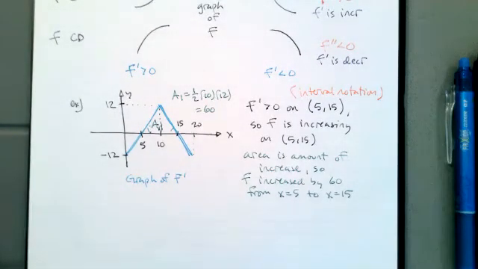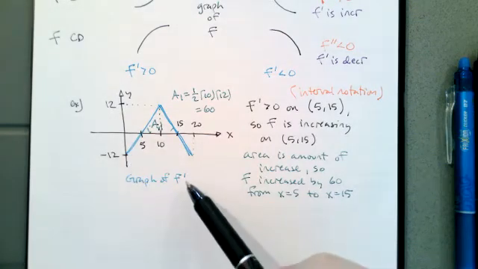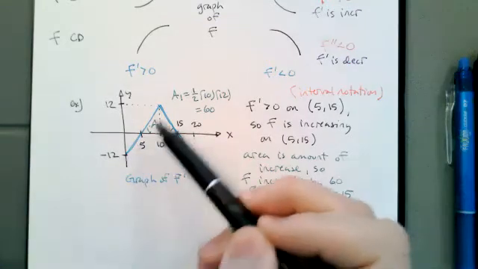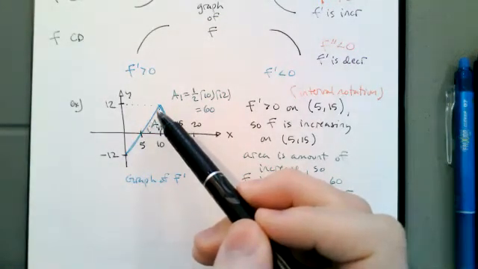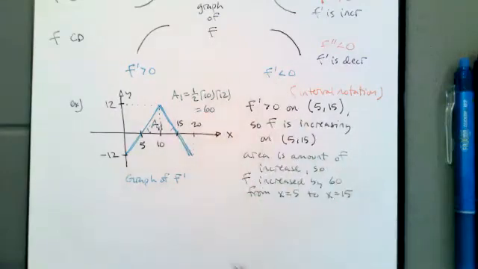If we look at the derivative, the direction of the derivative, f prime is increasing from 0 to 10. So we would say the function f is concave up on the interval from 0 to 10.